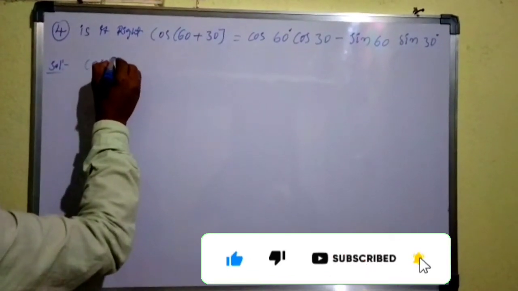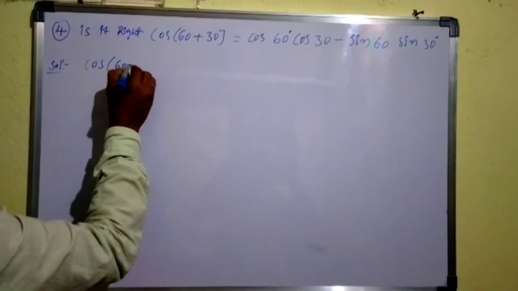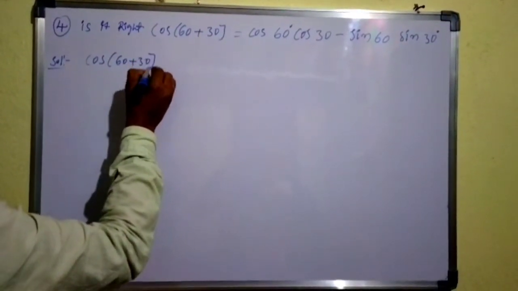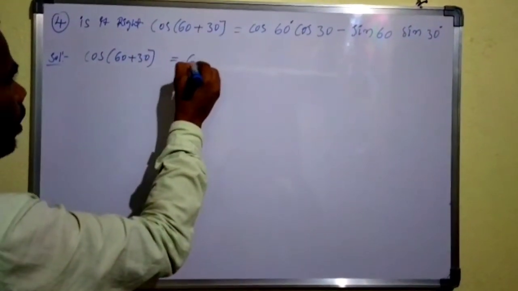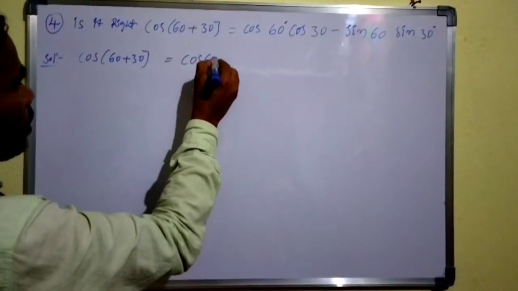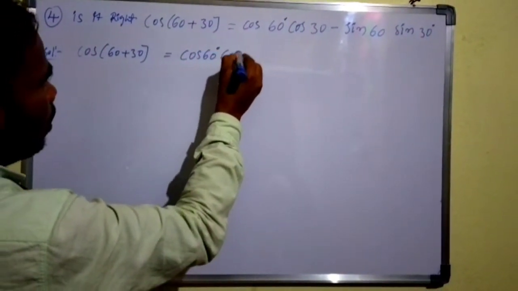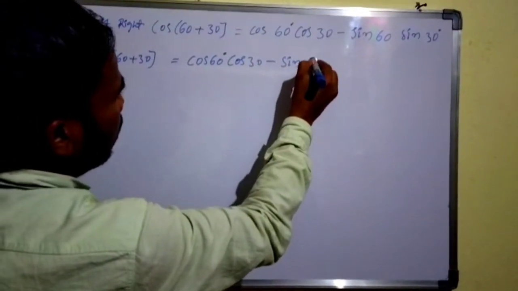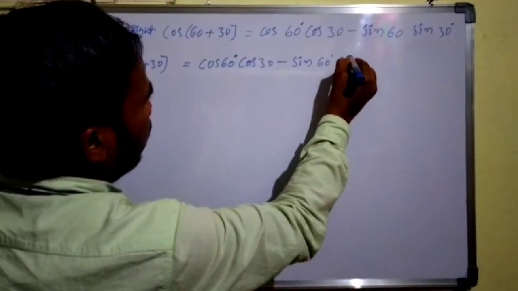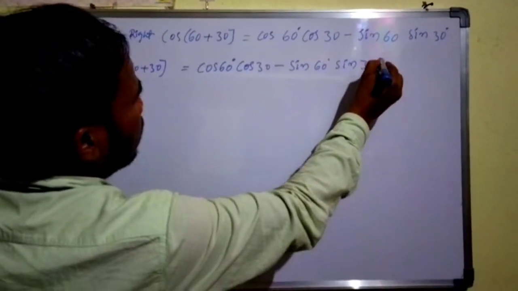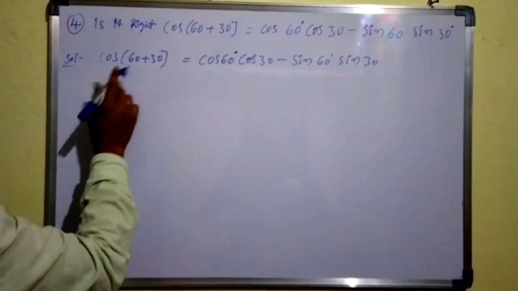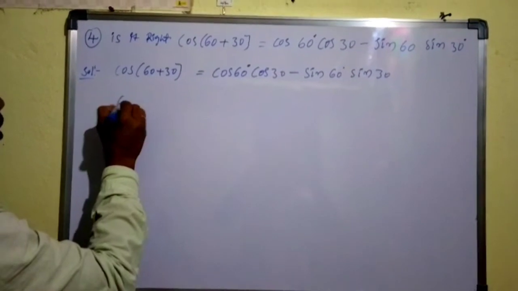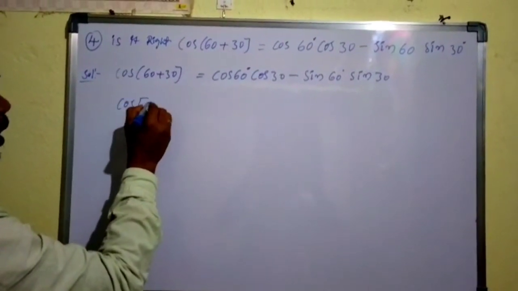Cos of 60 plus 30 is equal to cos 60 cos 30 minus sin 60 sin 30. Here we substitute the values. Cos 60 plus 30 is cos 90.